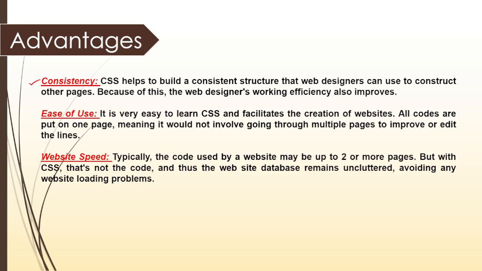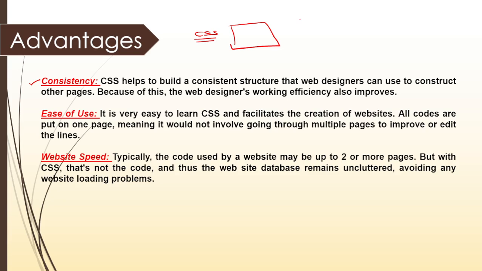First point says consistency. Cascading style sheets help to build a consistent structure that web designers can use to construct other web pages. As we have discussed in the previous lecture, cascading style sheets always provide us a consistent design.